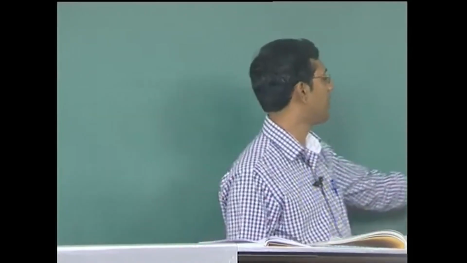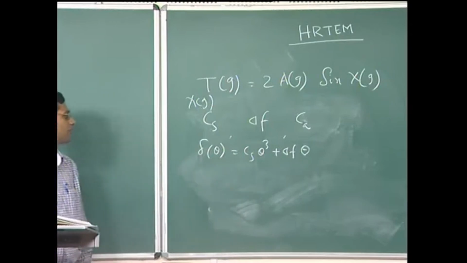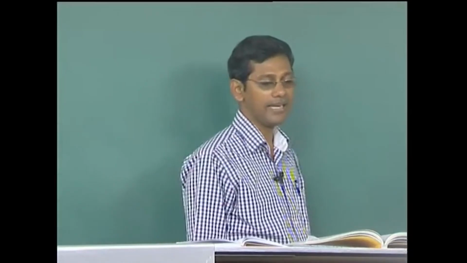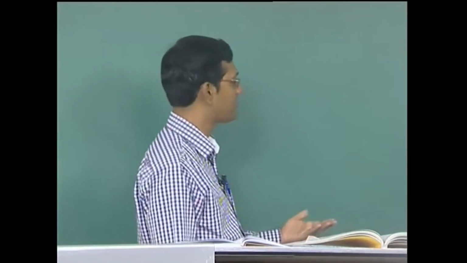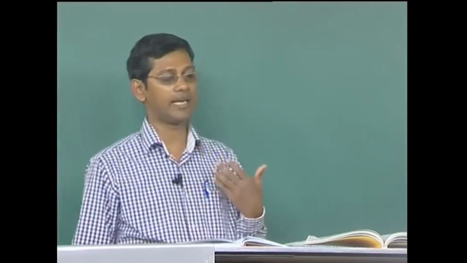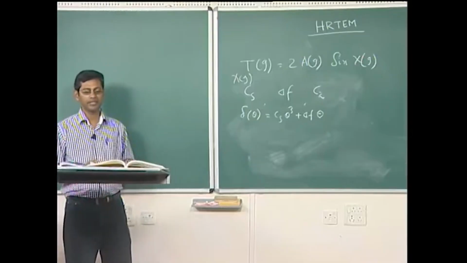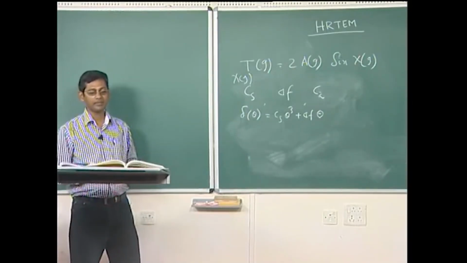So, we can write the diameter of the disk as delta theta equal to Cs theta cubed plus delta f into theta. The rays passing through the objective lens at an angle theta are not focused to the same point, because of the spherical aberration and the finite value of delta f.